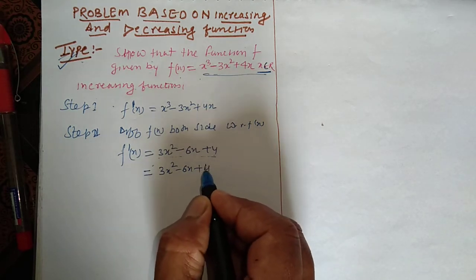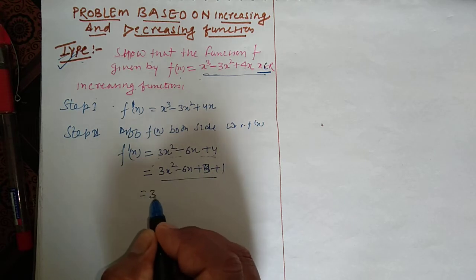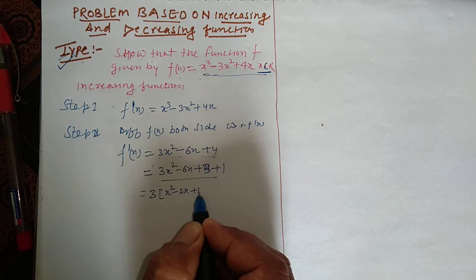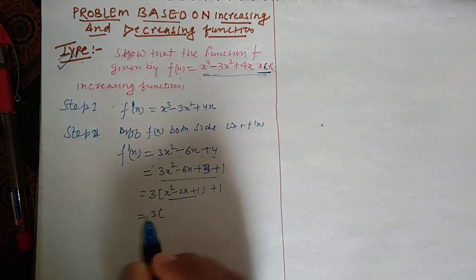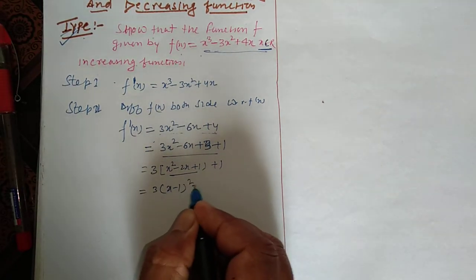We can write 3 plus 1, and in the first part we can take 3 common, so we get x square minus 2x plus 1 plus 1, and we know that this is x minus 1 whole square plus 1.